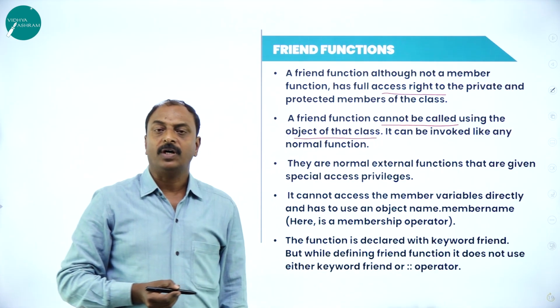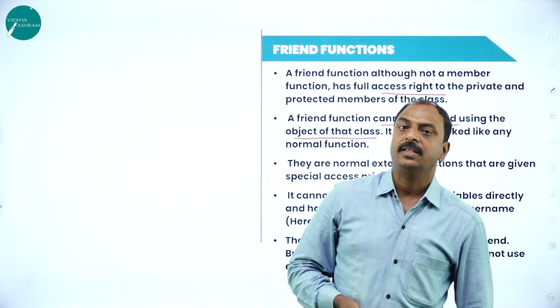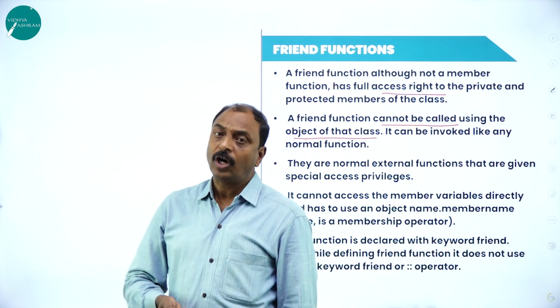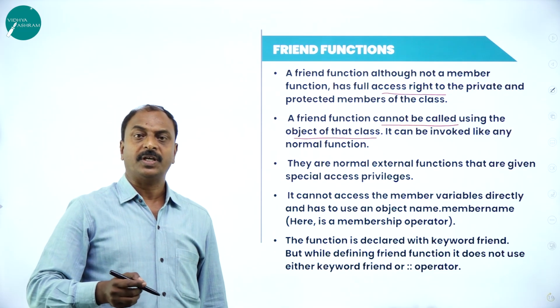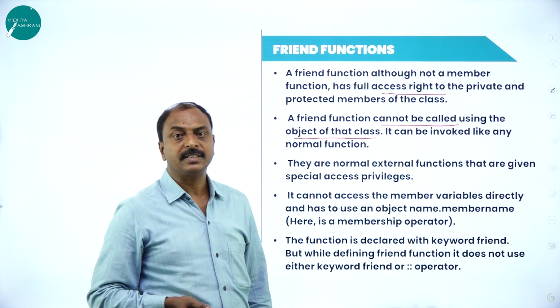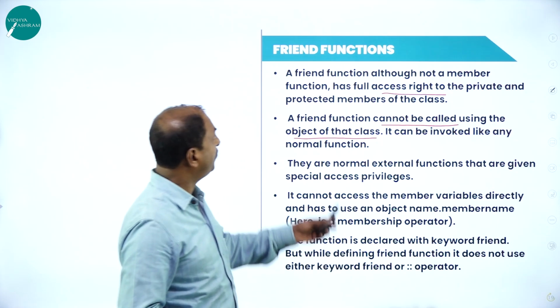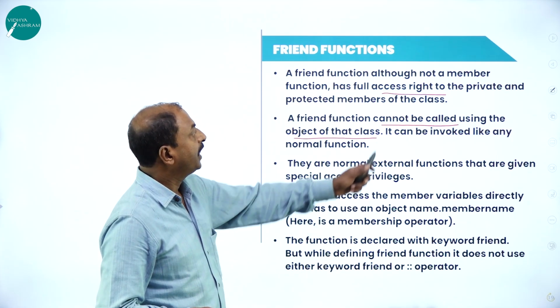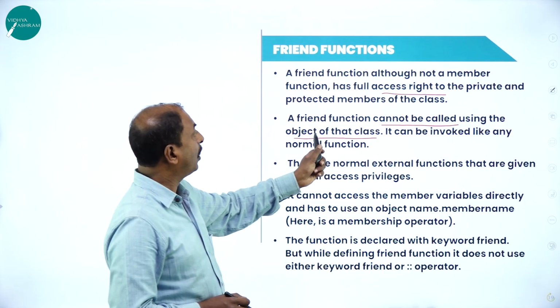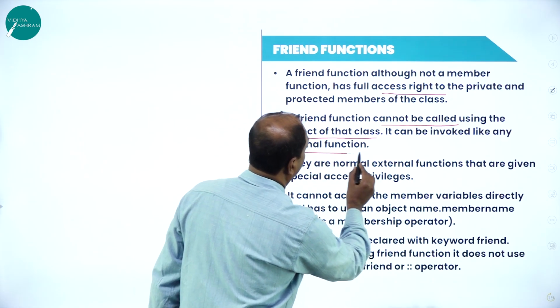Normally, what we have seen so far is that we invoke functions in the main function by using the object. First, we create an object of a class. Then with the help of that object, we access the class members or member methods. But with respect to a friend function, it cannot be called using an object of a class. So it can be invoked like any other normal function.